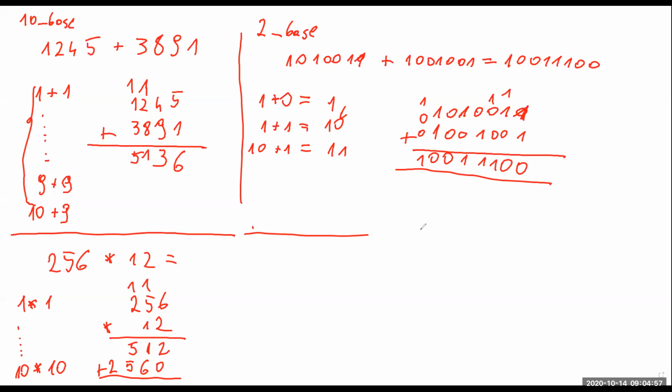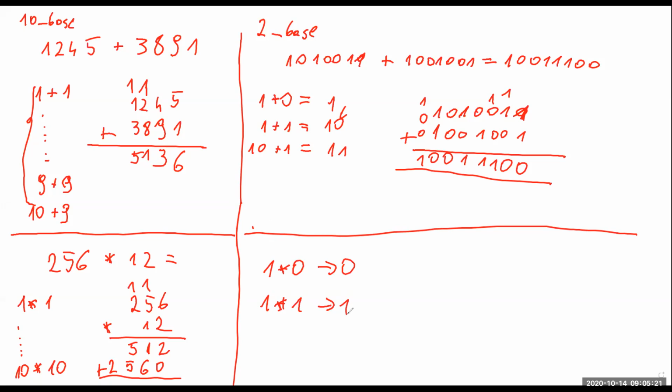Now I'd like to use the same method for multiplying values in binary form. In binary form, I have to know how much is 1 times 0. It's obvious, it's 0, and how much is 1 times 1? It's 1. So there are no other combinations to solve.